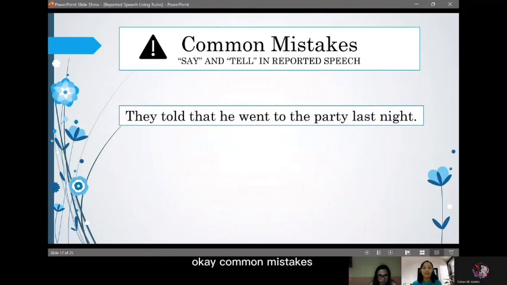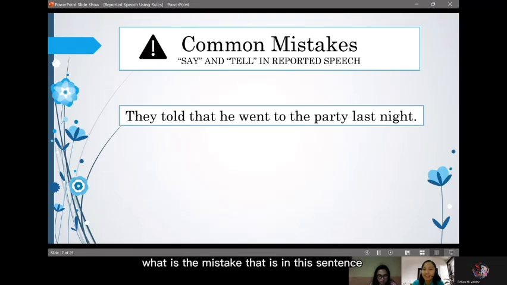Okay, common mistakes. Here are the common mistakes that English learners make when they use the reporting verbs say and tell in a reported speech. So here in this sentence, they told that he went to the party last night. Is there something wrong in this sentence?